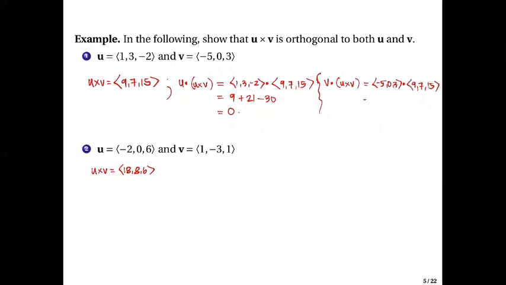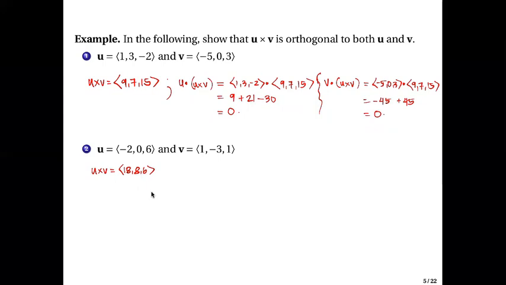So what do we get? Negative 5 times 9, that's negative 45. And then you have 0 times 7, that's 0. And then 3 times 15, that's 45. So this is equal to 0. So at least for this example, we have shown that U cross V is orthogonal to both U and V.